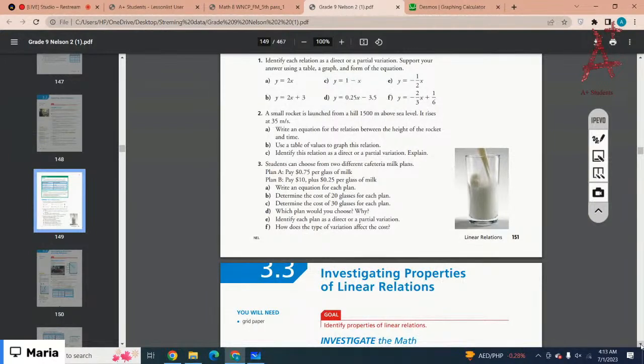Plan A, pay $0.75 per glass of milk. Plan B is pay $10 plus $0.25 per glass of milk. Write an equation for each plan, determine the cost of 20 glasses for each plan, determine the cost of 30 glasses for each plan. Which plan would you choose? Why? Identify each plan as a direct or partial variation. How does the type of variation affect the cost?